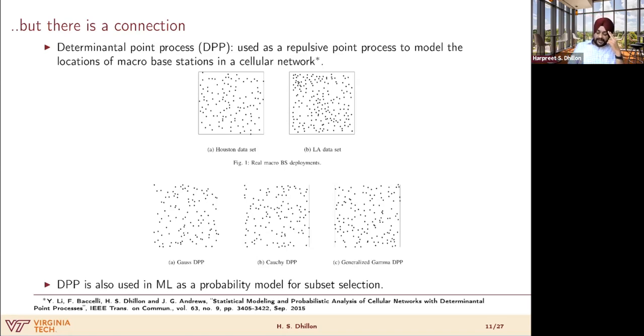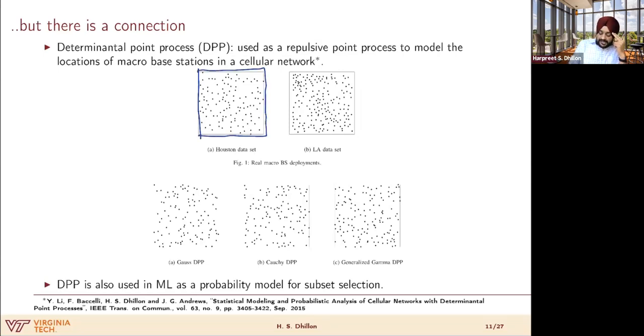This is a picture from one of the papers we wrote back in 2015 with Yingze, Francois, and Jeff Andrews, on the use of determinantal point process in wireless networks. Here I'm showing the base station data from the city of Houston.